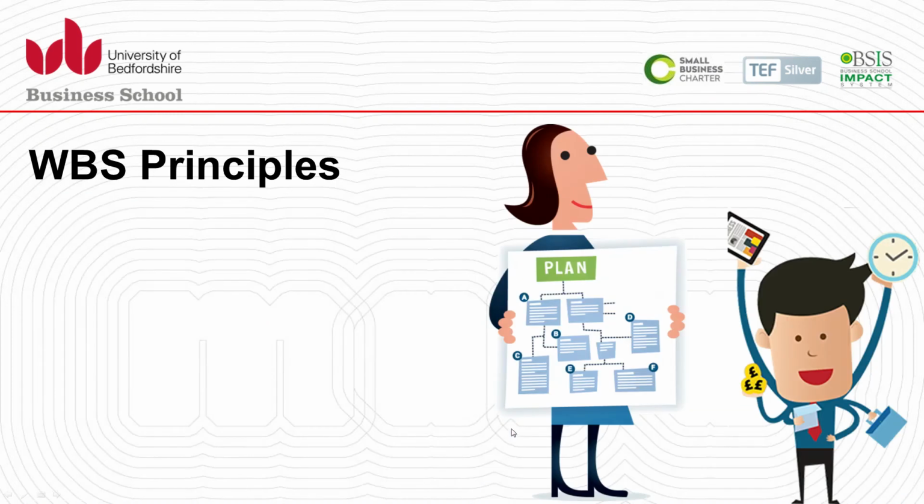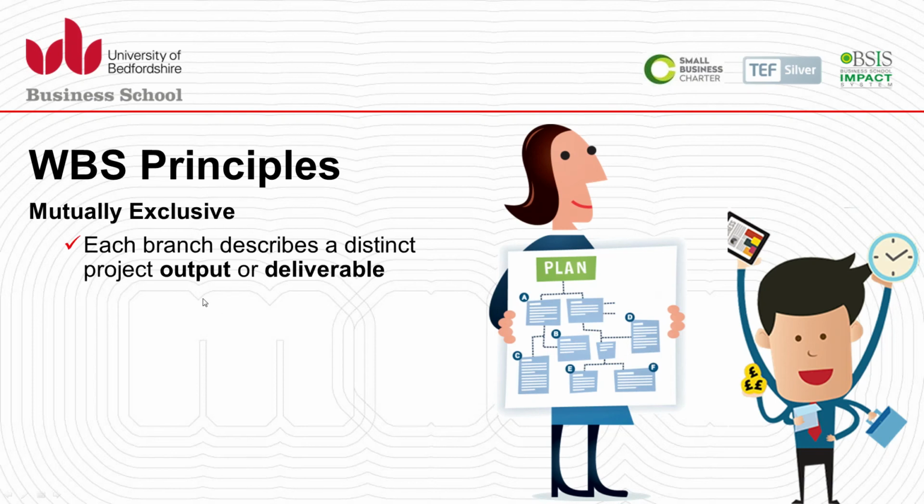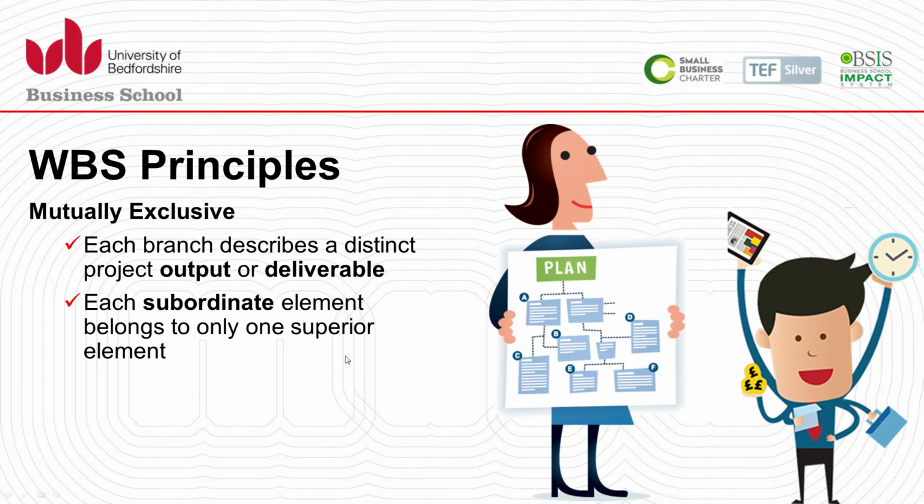So the key principles of the work breakdown structure: it is important that all elements are taken into consideration and are mutually exclusive. We look at each branch, which describes a distinct project output or deliverable. We look at each subordinate element belonging to only one superior element. That is the key principle, so that we know what activity can be performed by whom and who is going to supervise that particular task or work package.